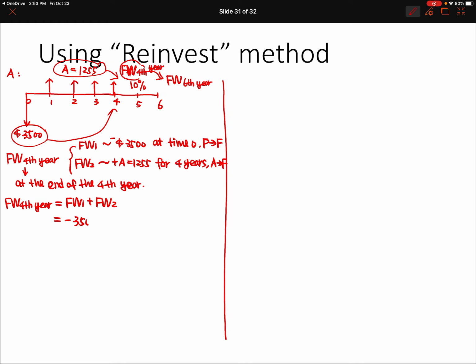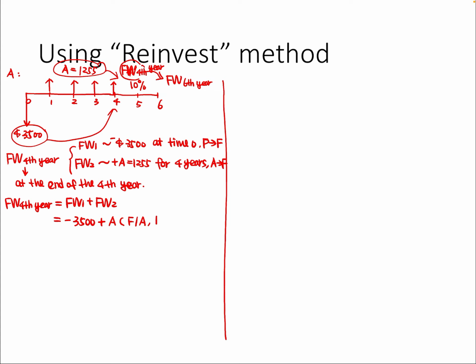So FW1 is negative 3,500. FW2 is positive. By formula, it's gonna be A times F slash A, MARR, N. A is 1255.